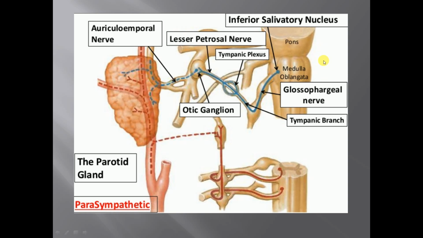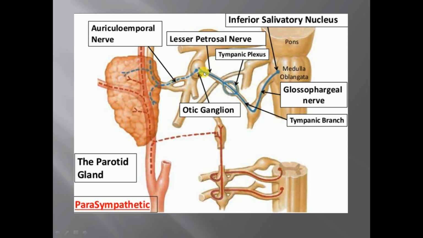So the parasympathetic innervation begins with the glossopharyngeal nerve, and it enters the tympanic branch and forms the tympanic plexus, and further the lesser petrosal nerve.